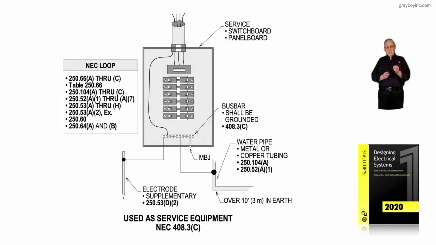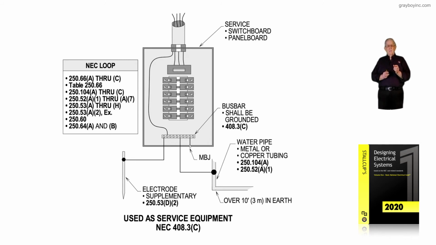This lets the electrician or designer know that Table 250.66 is only used to size the grounding electrode conductor when it terminates to structural steel or a metal water pipe system that is considered an electrode, as outlined in 250.52(A)(1).